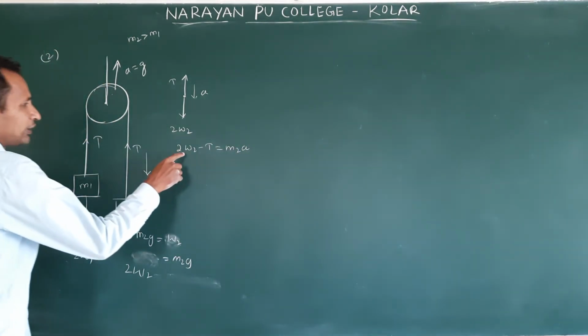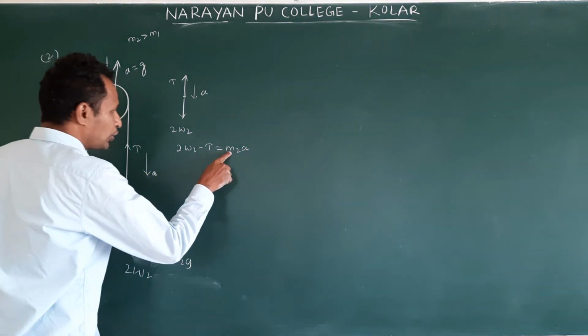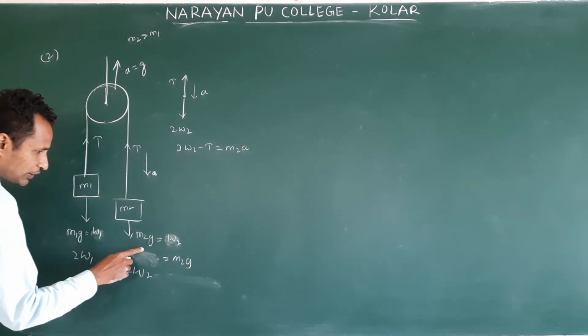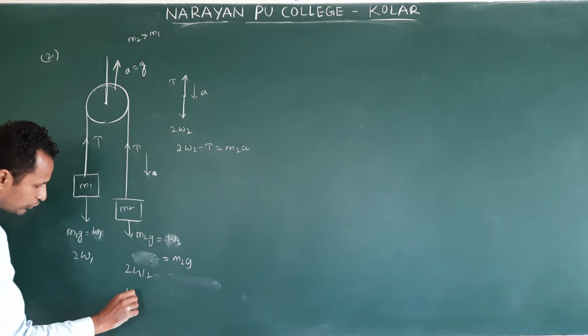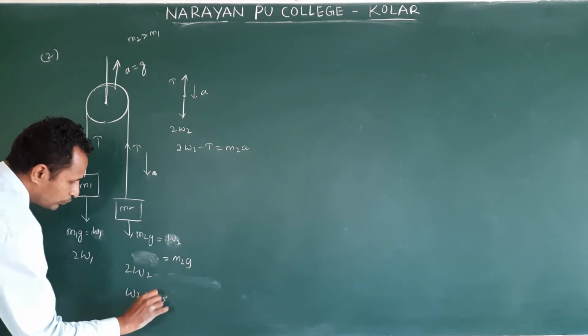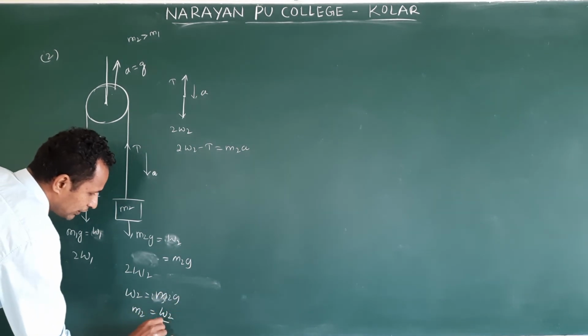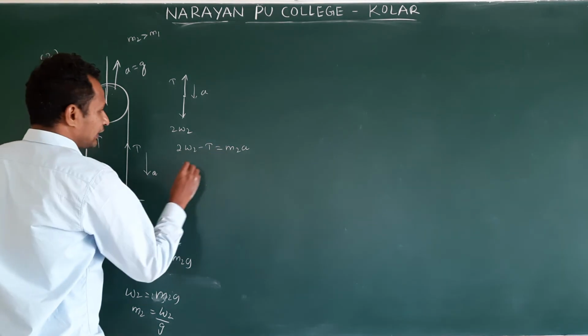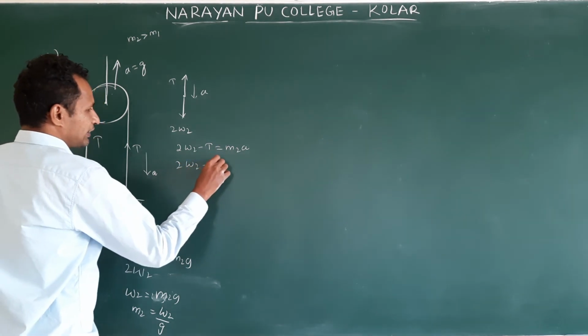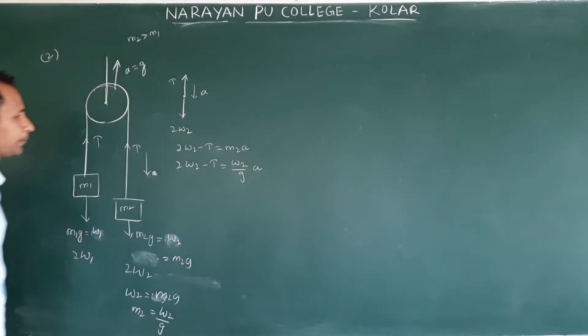This we need to write because the options are in terms of W, not in terms of mass. So W2 is equal to M2g, then M2 is W2 by g. Then I can write 2W2 minus T is equal to W2 by g into a.